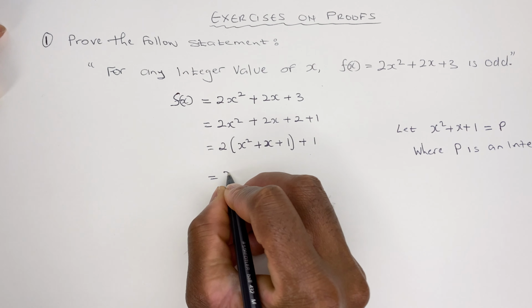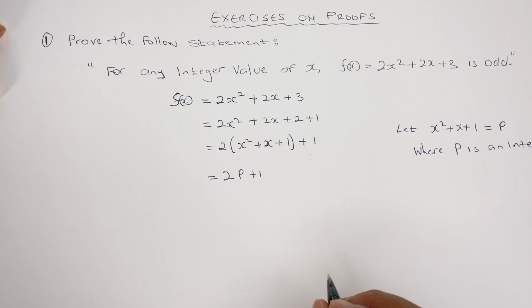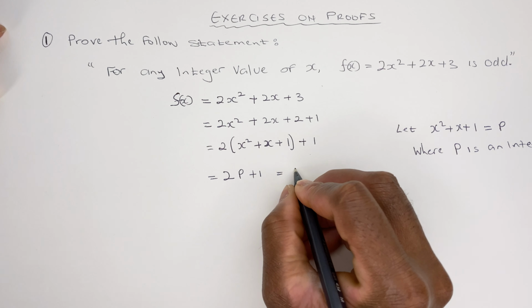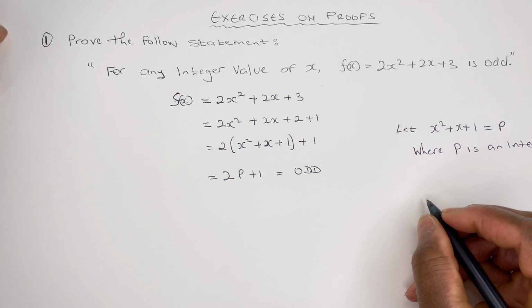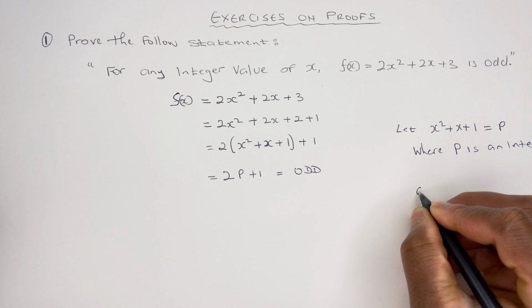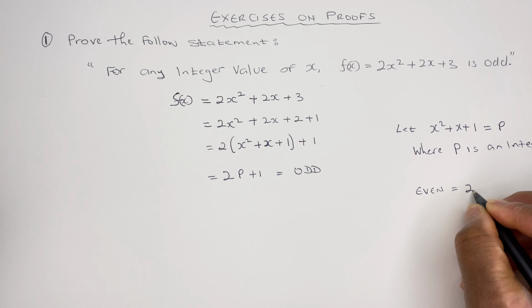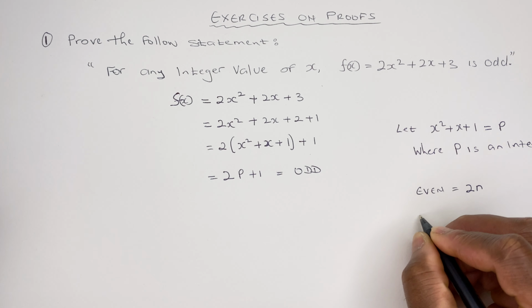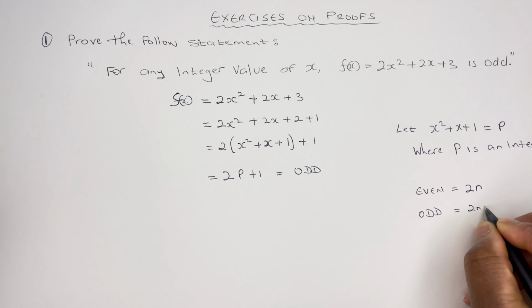Therefore, I get 2p plus 1, which is the definition of an odd number. So, things to note in this case: an even number will always be 2n, and an odd number will be 2n plus 1.